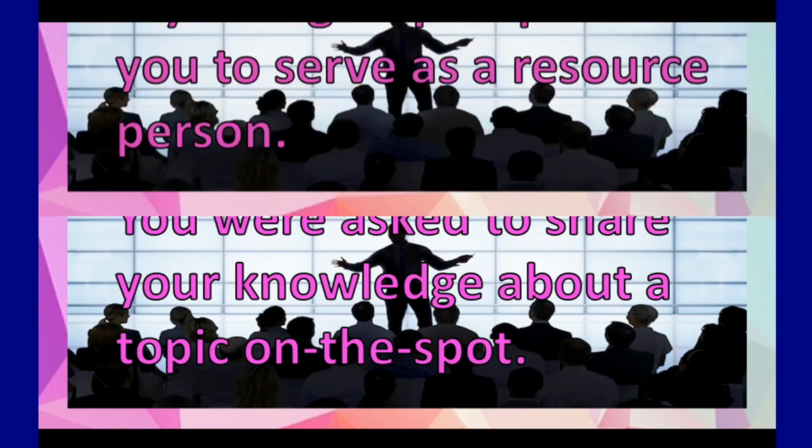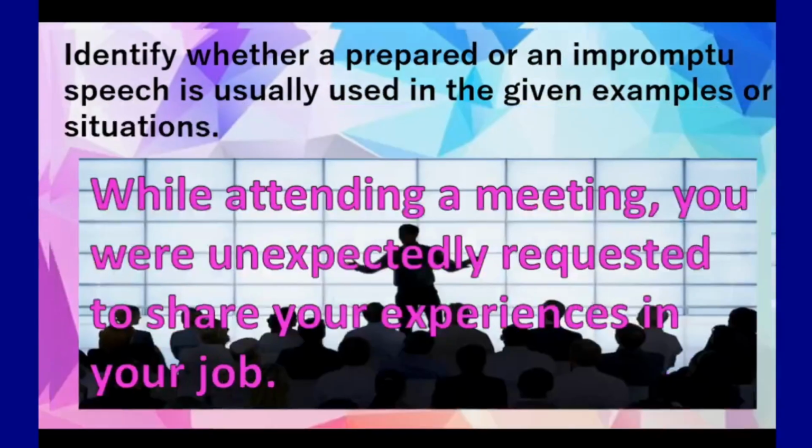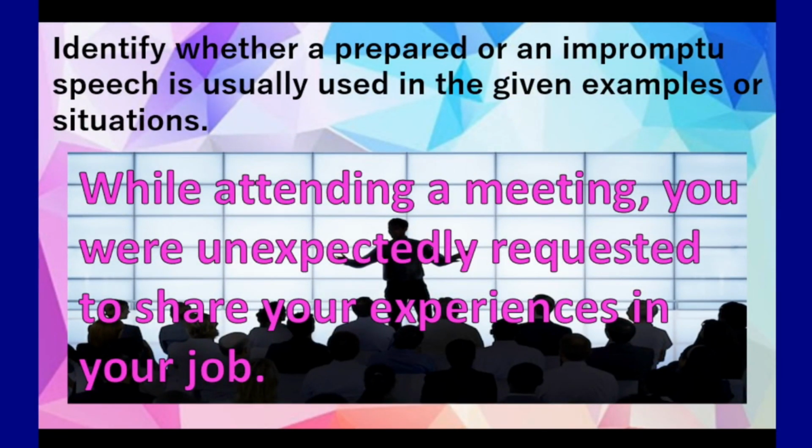The next one. A youth group requested you to serve as a resource person. What is it? A prepared or an impromptu speech? Correct again. The answer is prepared speech. And the last one. While attending a meeting, you were unexpectedly requested to share your experience in your job.